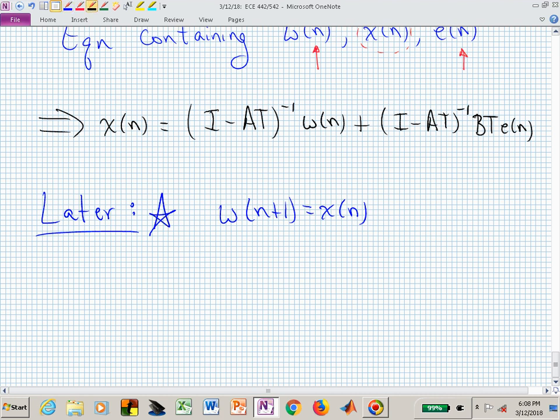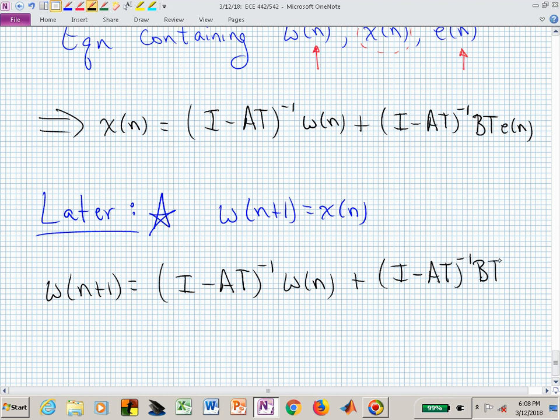That allows us now to write W of n plus 1 is equal to I minus AT inverse W of n plus I minus AT inverse BT E of n.